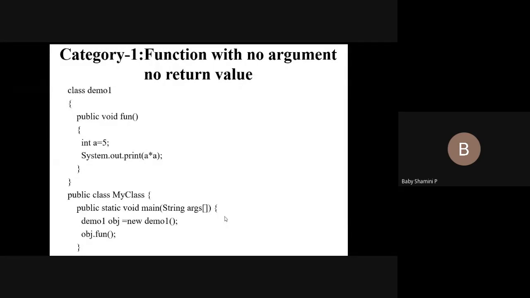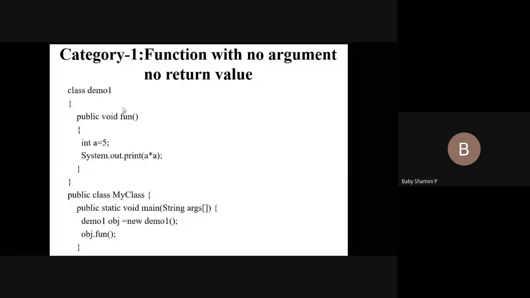Under this I am declaring integer a equal to 5, System.out.print a into a. I am going to find the square of a number. So a into a. Next, in the main method I am going to create an object to access the class Demo1: Demo1 obj equal to new Demo1. Using this object, I am going to access this class: obj dot fun, this is the function call statement.